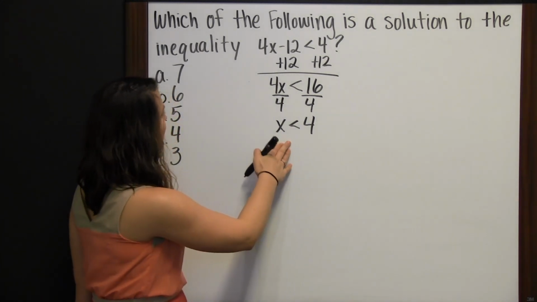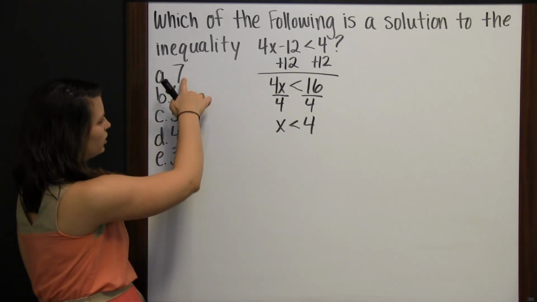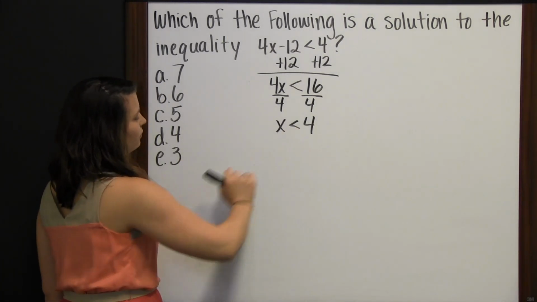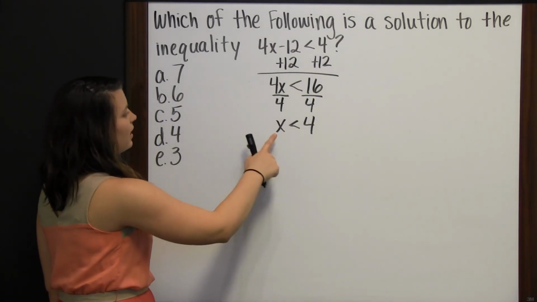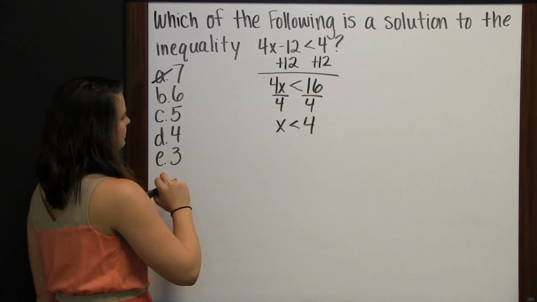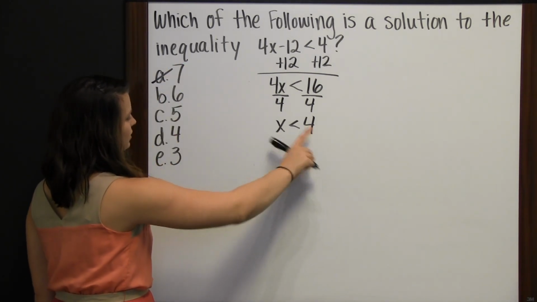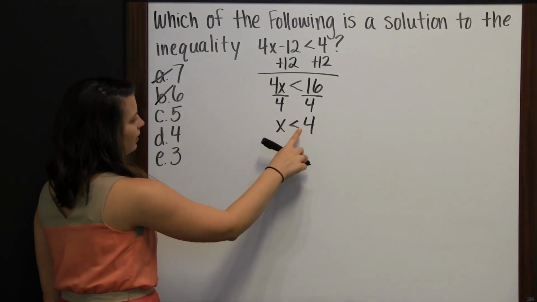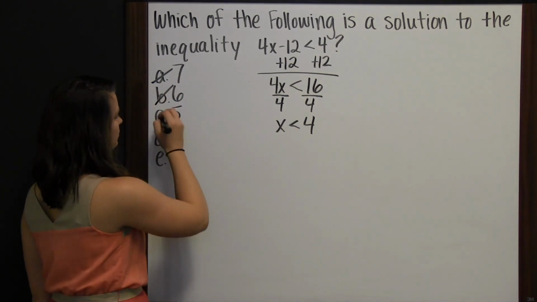So now we can apply these answer choices. We want to find which one of these numbers is less than 4. Is 7 less than 4? No. Is 6 less than 4? No. Is 5 less than 4?